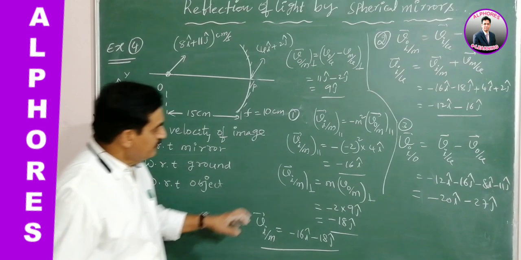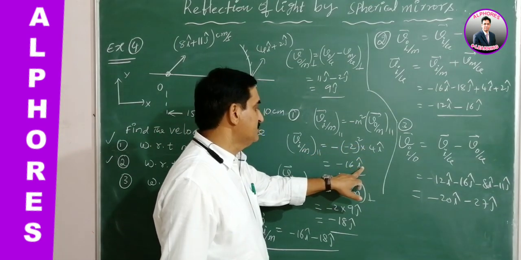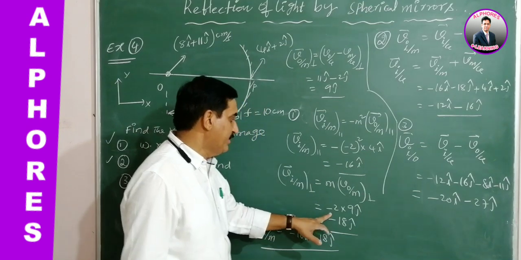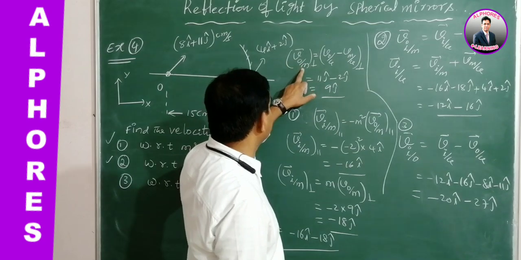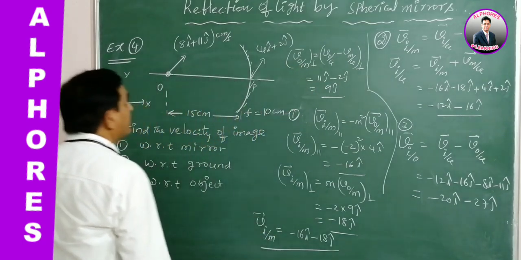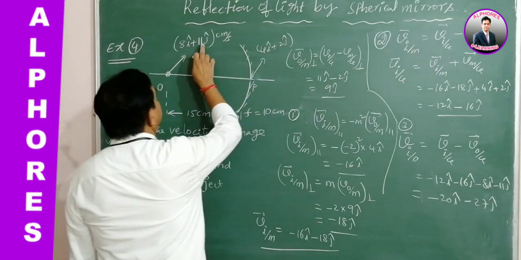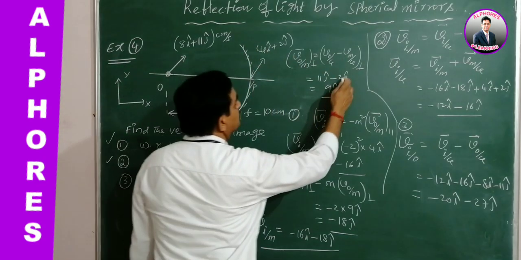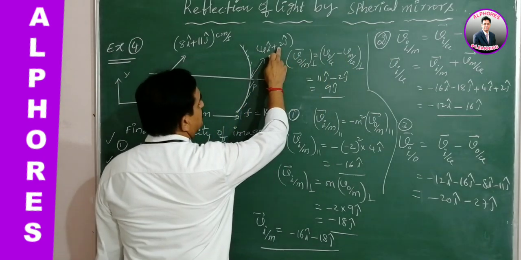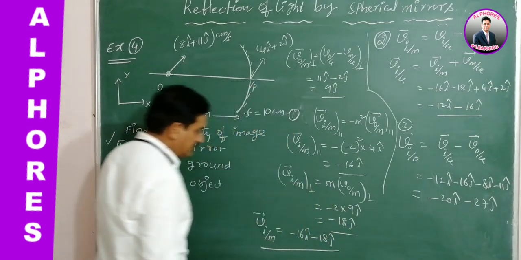So let us verify once again. Here in this case, first point is 4i, this is giving minus 16i. Perpendicular component: minus 2, object with respect to mirror, perpendicular components. Object with ground perpendicular is 11j, minus 2j, 9j, correct. So when we substitute over here, minus 18j.